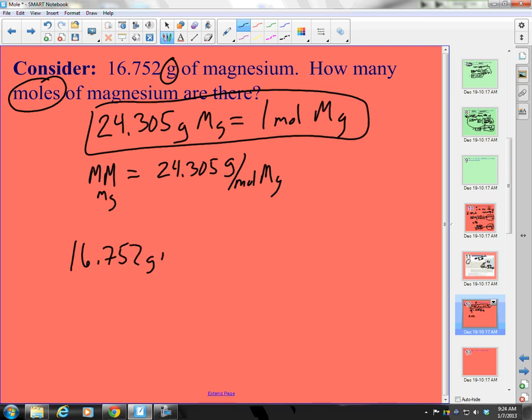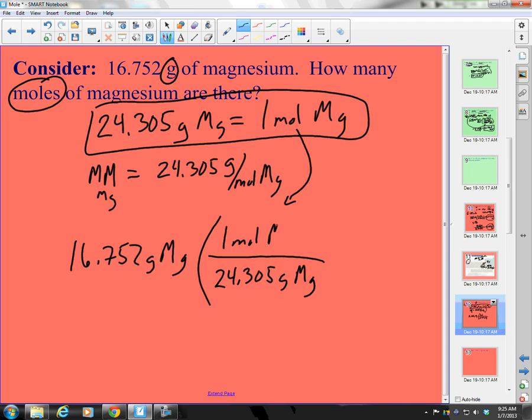16.752 grams of magnesium. Remember, I write all of my units. I'm going to multiply that by what? Well, I want to get rid of magnesium grams, so I'm going to write that in the bottom, 24.305 grams of magnesium, and that means this has to come here, 1 mole of magnesium. Cool. So I take 16.752 divided by 24.305, and I get 0.68.